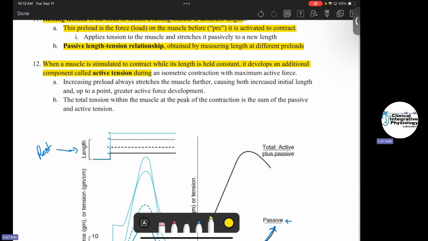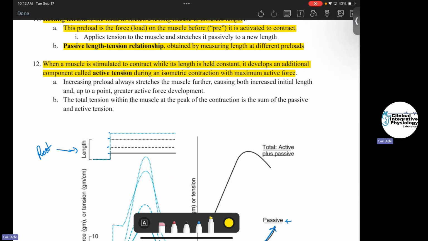This is referred to as active tension. So it's now isometrically contracting. I'm not letting it shorten its length. I'm holding that length constant, but because it's been hit with an action potential, it's producing more force.